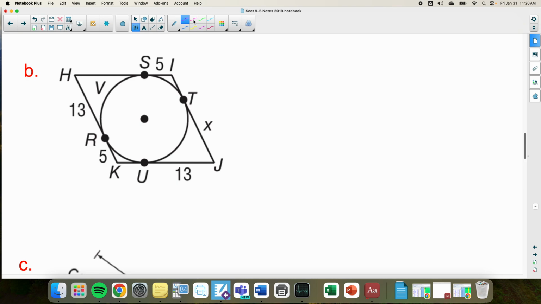Now if I look at this one, do you guys get if that's 5, this is 5, that's 13, this is 13, so that's our x. This is 5, this is 5, that's 13, that's 13. So our perimeter would be 5 plus 5 plus 5 plus 5, which is 20.